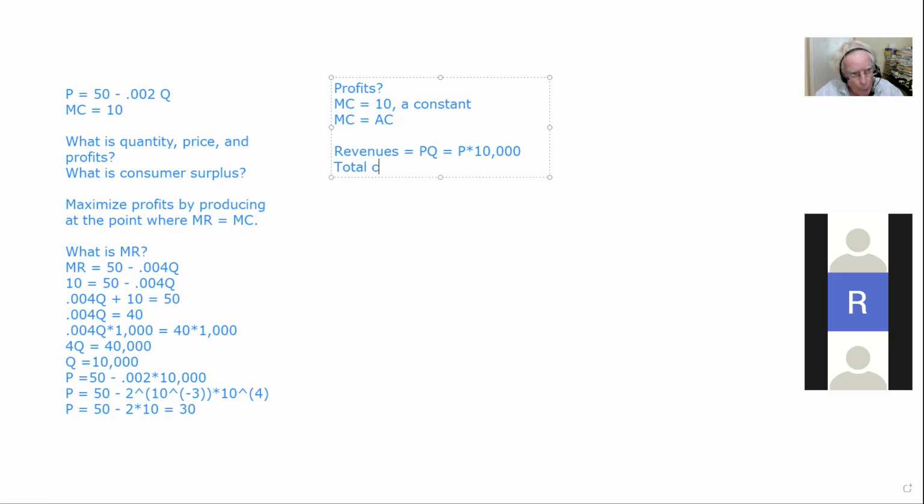And then total costs are the same as average cost times the total quantity you're selling, or Q. And average cost here is 10.